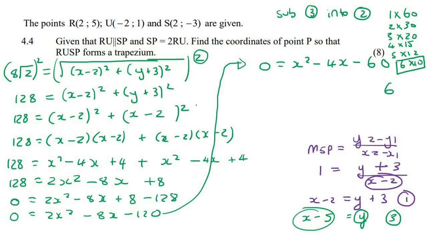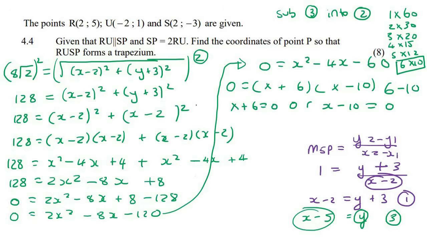Why? Because 6 minus 10 would give you negative 4. So we're going to open up two brackets and say positive 6 and negative 10, and then x and x. And so then you can say x plus 6 is equal to 0, or x minus 10 is equal to 0. And so x is negative 6, or x is equal to 10.